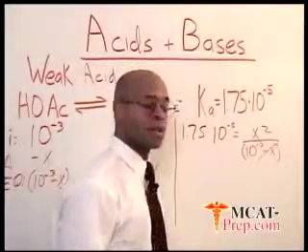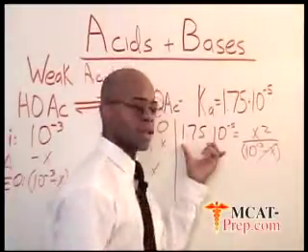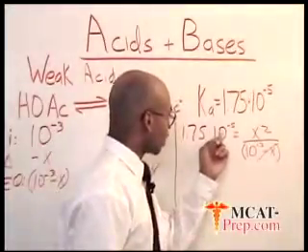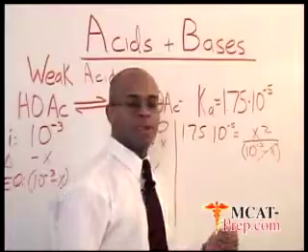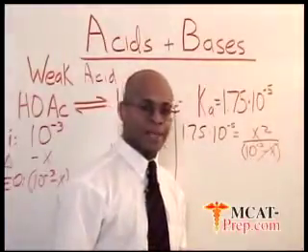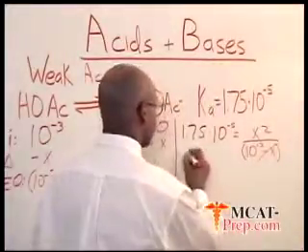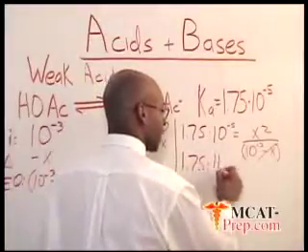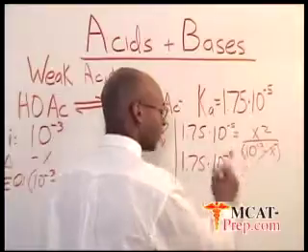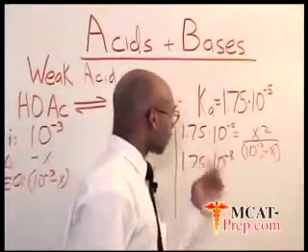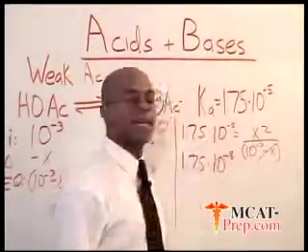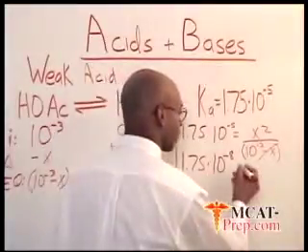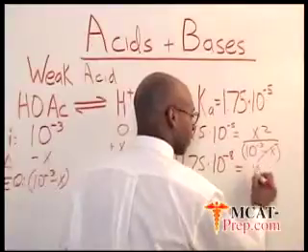On the left-hand side of the equation, we would have all of this times 10 to the minus 3. 10 to the minus 3 times 10 to the minus 5, well, all you do is add the exponents. So you have 1.75 times 10 to the minus 8. That's just adding the exponents, 10 to the minus 5 times 10 to the minus 3, and it happens to be a negative exponent. And all this is equal to x squared.